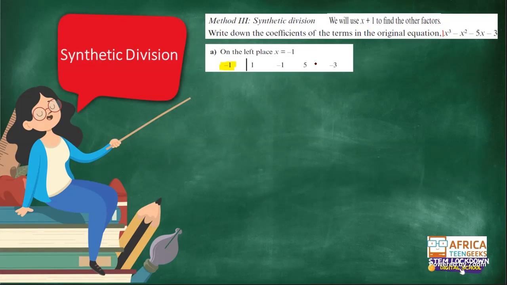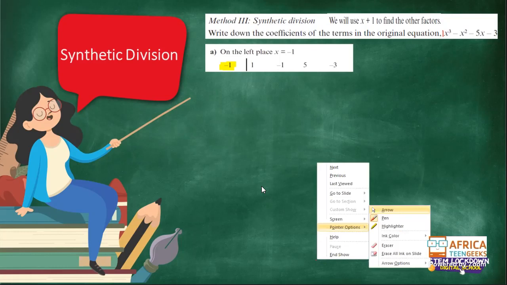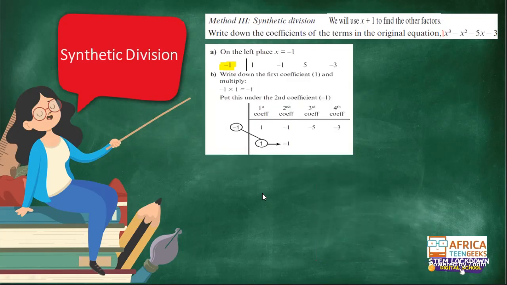Okay. So what you do is you write down the coefficient of the first one. Remember, this is the coefficient of the first one. Then you multiply your root and your answer.